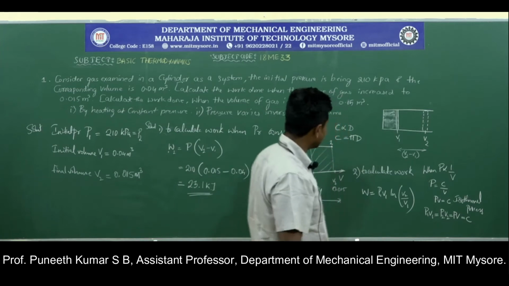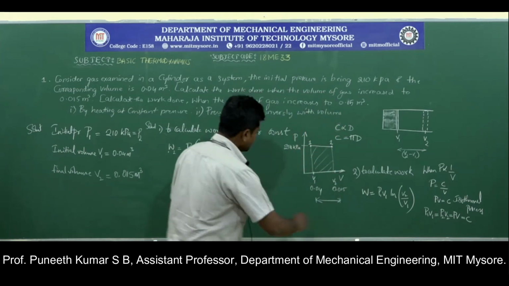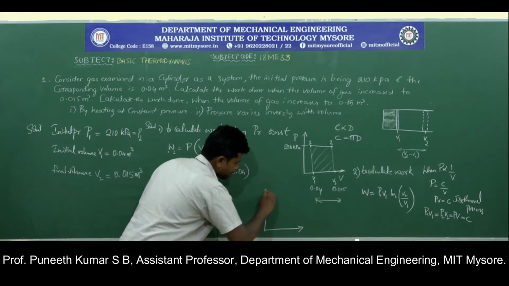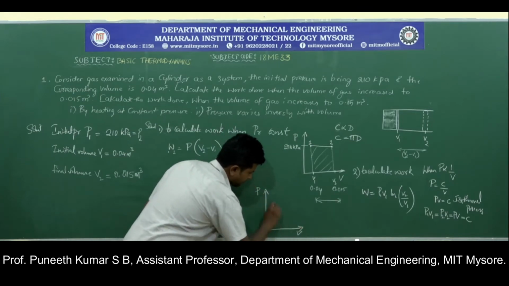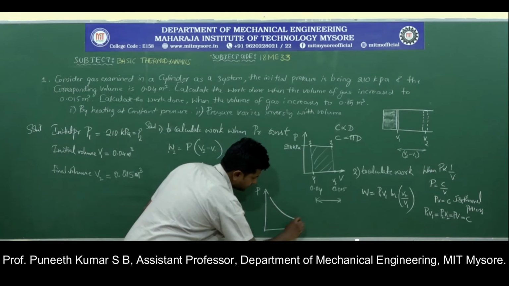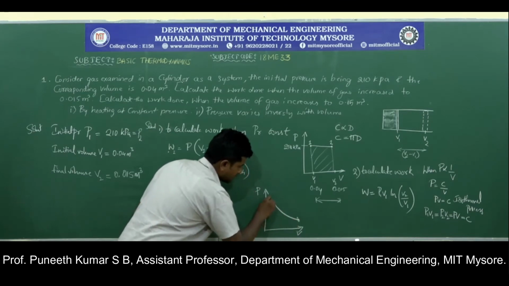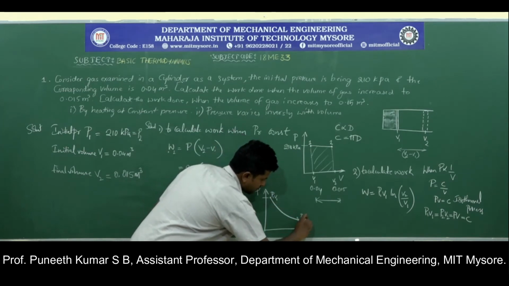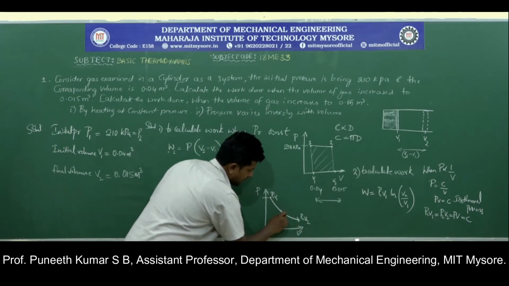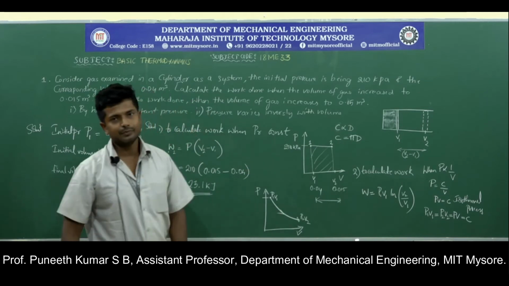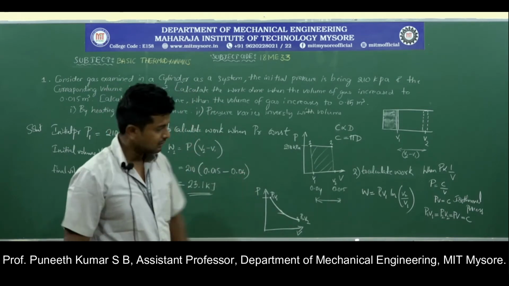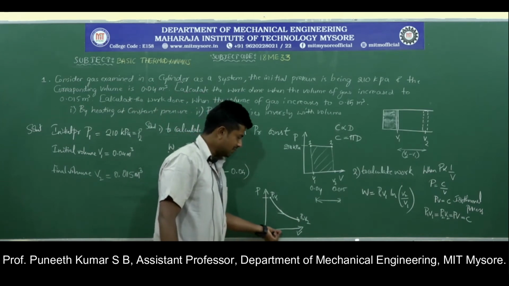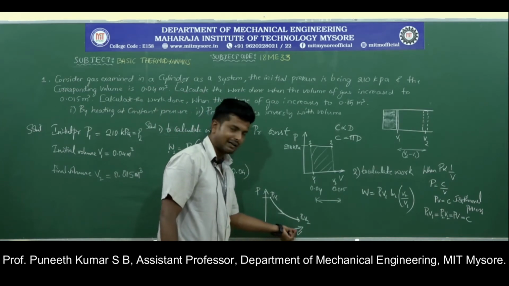And how does it look in the graph? So this is P1 V1, this is P2 V2, and one thing we should always keep in mind is that during the expansion process the volume is always in the incremental direction.